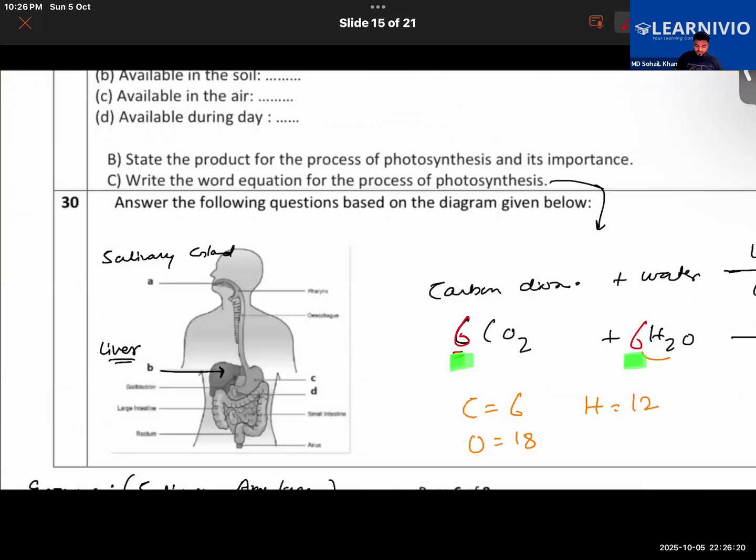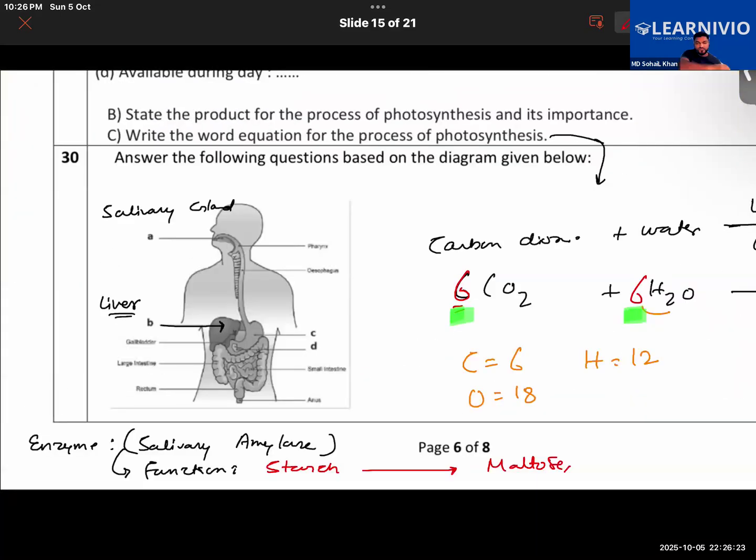The liver produces bile, and bile juice is stored in a sac-like structure called the gallbladder, which is connected to the liver. And bile juice helps in the digestion of fats.